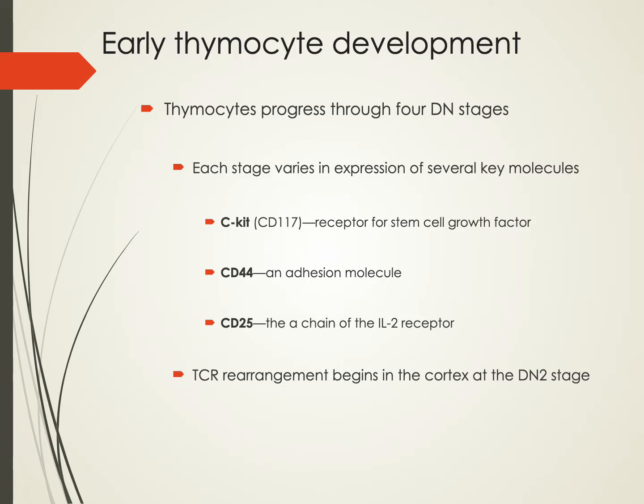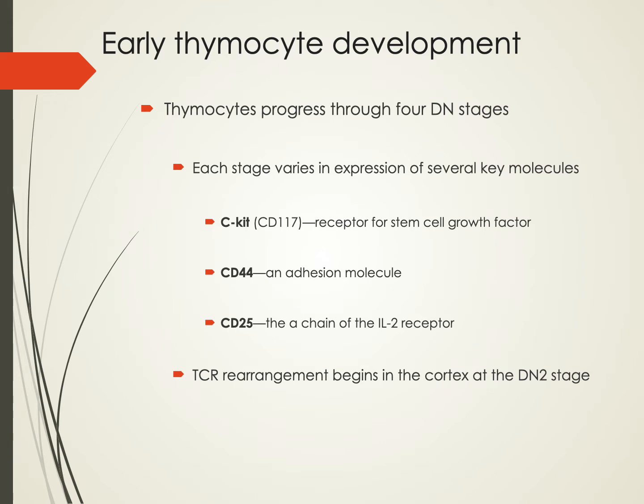So during the process, there's a number of different markers that we could look at. Some of the common ones are c-Kit, so similar to B cells. T cells, early thymocytes, are going to also express c-Kit, so it can bind to stem cell growth factor.